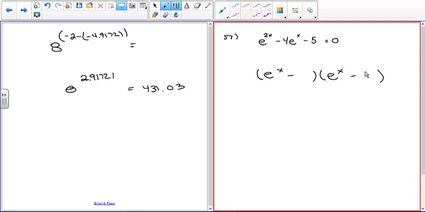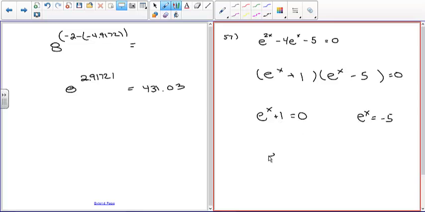I'm going to make the 5 negative and the 1 positive, so that I get negative 5 plus 1, which is negative 4. So at that point, just like normal factors, if this factor is equal to 0, then the original expression is equal to 0, and the same with the second part.